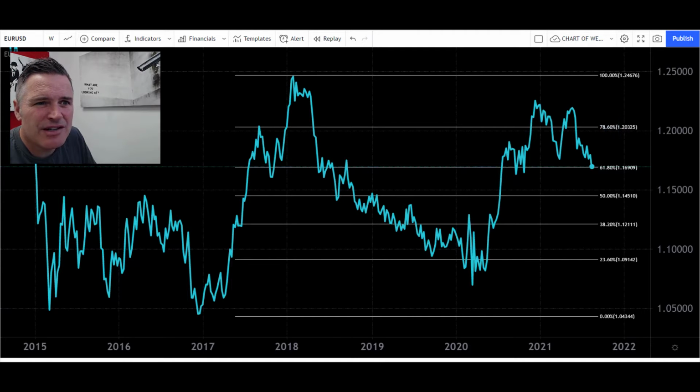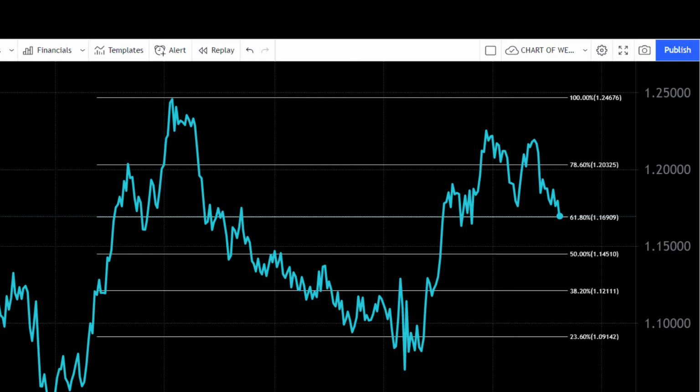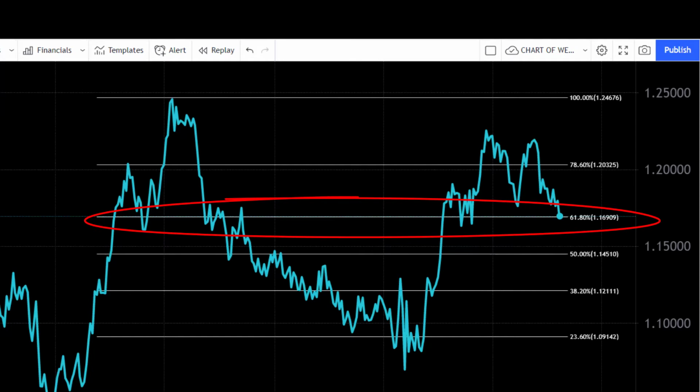And if we look at the Fibonacci's there, we've got that key 61.8 line around the 1.17, and that does have some history going back into 2018 and 17 as areas of noise.